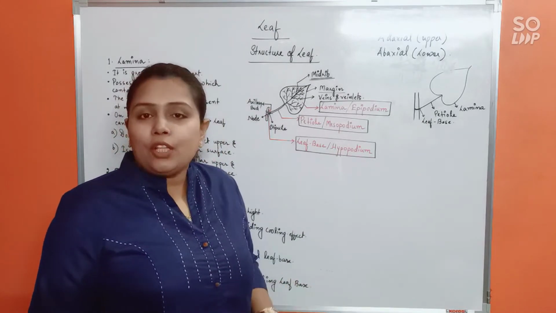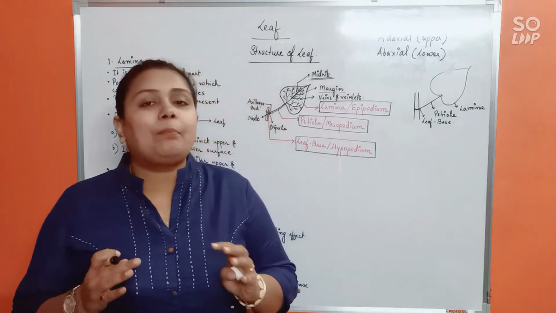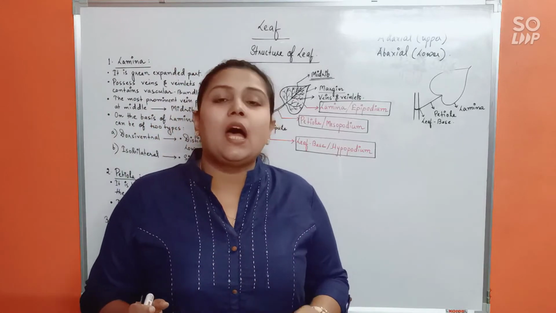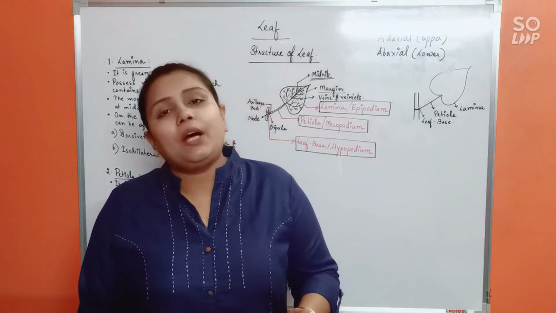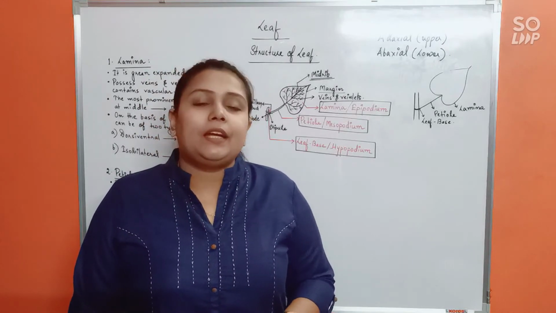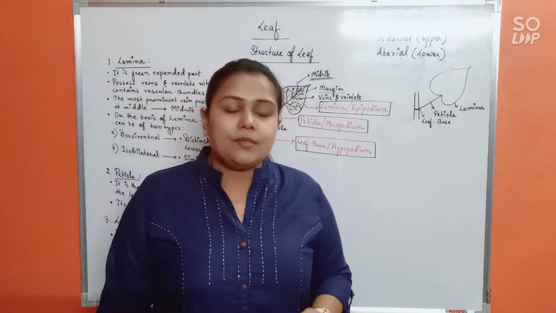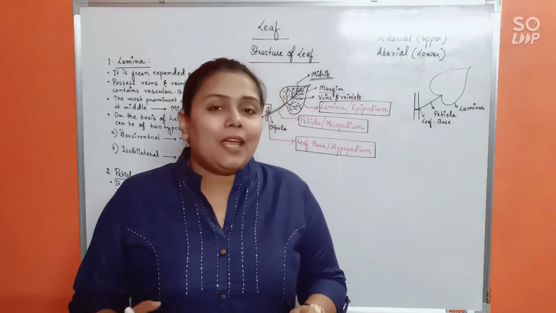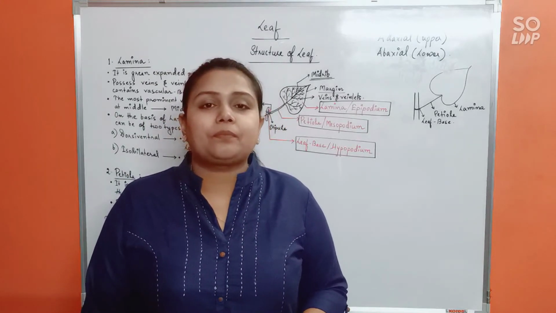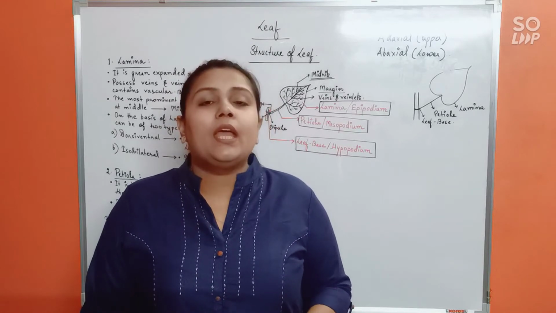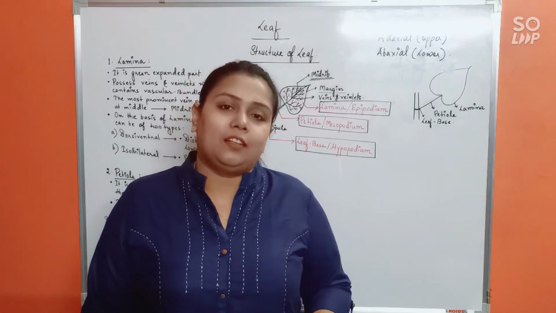So in dicots mostly we can see that the upper and the lower surfaces are not similar. They are dissimilar. Now how are they dissimilar? They are dissimilar by two main points. First, in dicots the upper surface has fewer stomata and is more green in color.